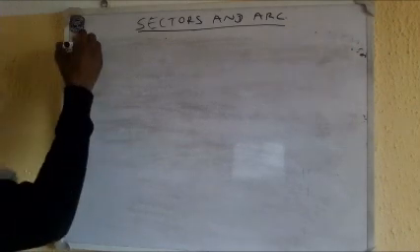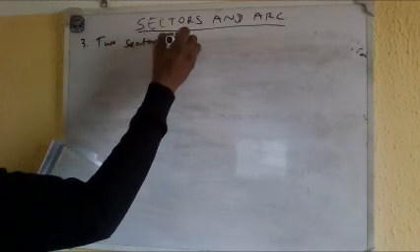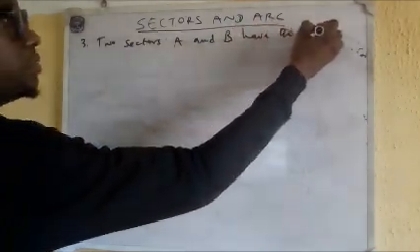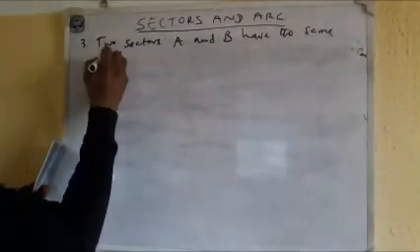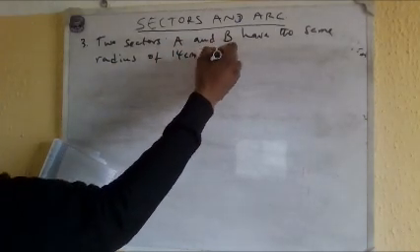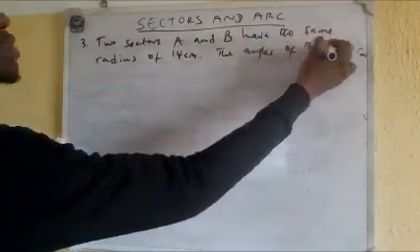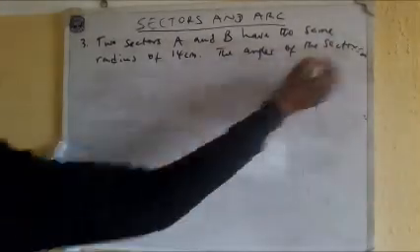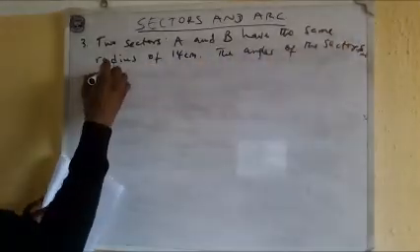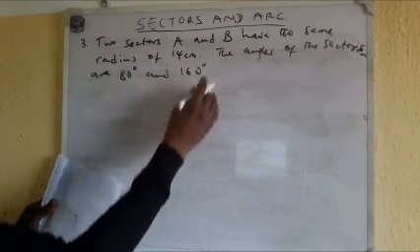So the question here says, number 3, two sectors A and B have the same radius of 14 cm. The angles of the sectors are 80 degrees and 160 degrees respectively.